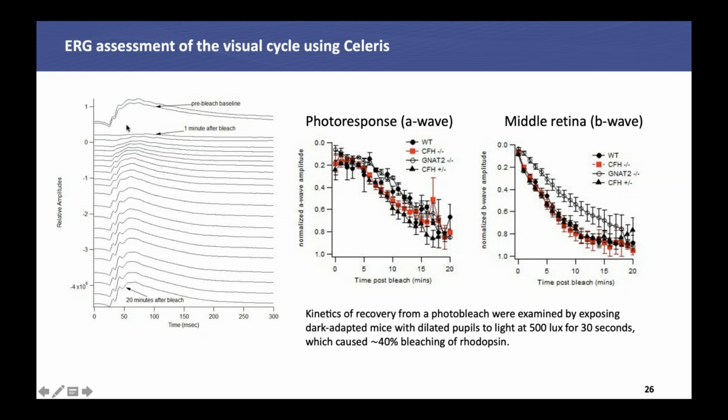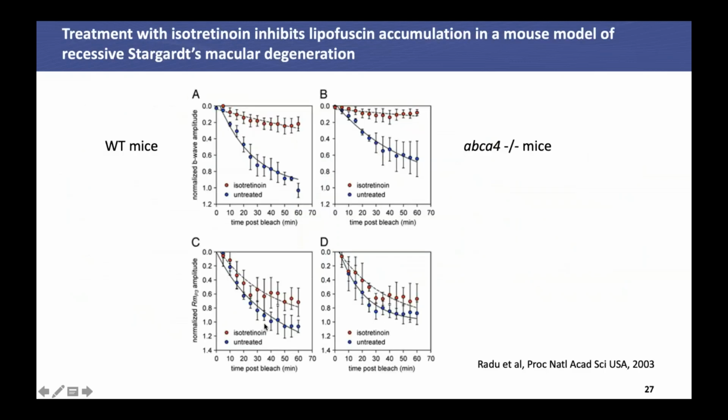You can do the same kind of analysis using the A wave, but it's pretty sloppy because it's a dim probe flash and there's not much of an A wave, particularly at the low intensities. But if you jack up the probe flash to a saturating intensity that saturates the photoresponse, you get some very clear signals in the A wave. This is an example where this is the A wave.